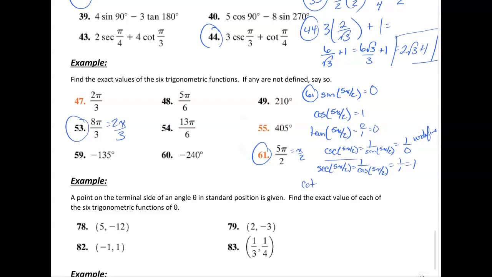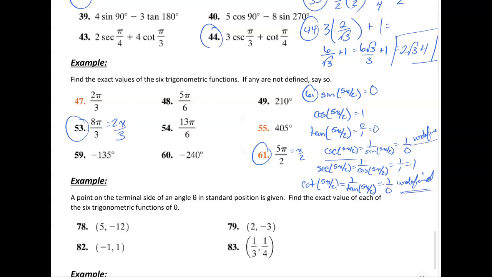And then cotangent is 1 over tangent, sorry. And that one is undefined too.